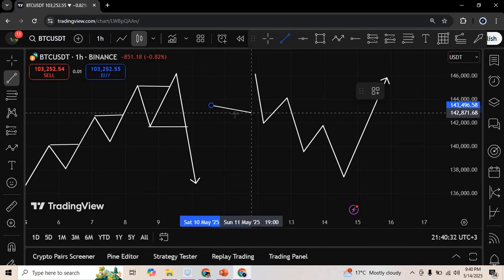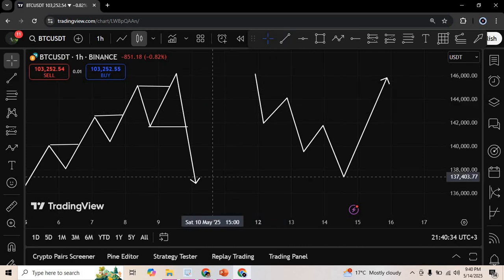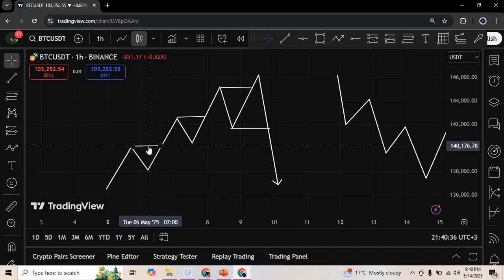Okay, let's start with this one. Someone to name these parts. Joseph? The top one is break of structure, the bottom one is change of character.